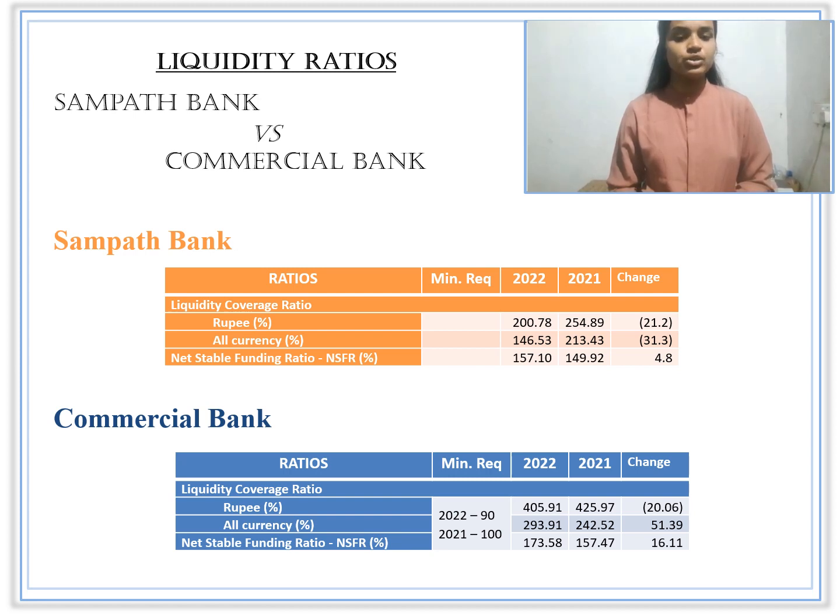The net stable funding ratio is 157.47 in 2021 and 173.53 in 2022. So there is an increase, that is 16.11% compared to 2021. So having said that, I would like to hand over my presentation to Aju.